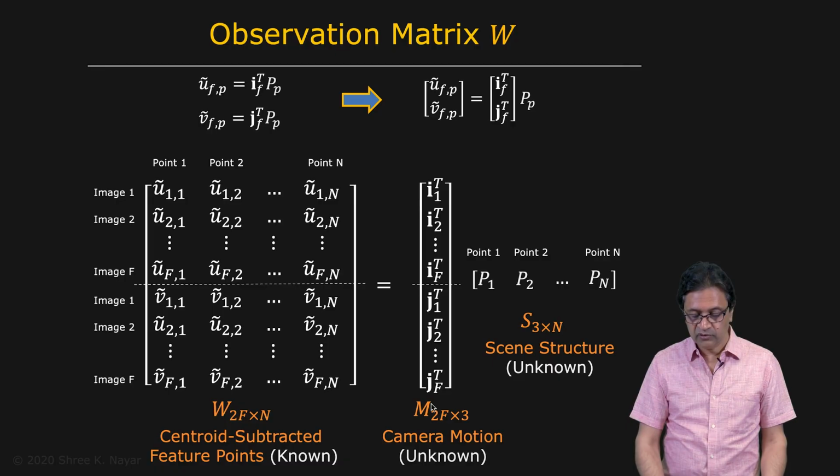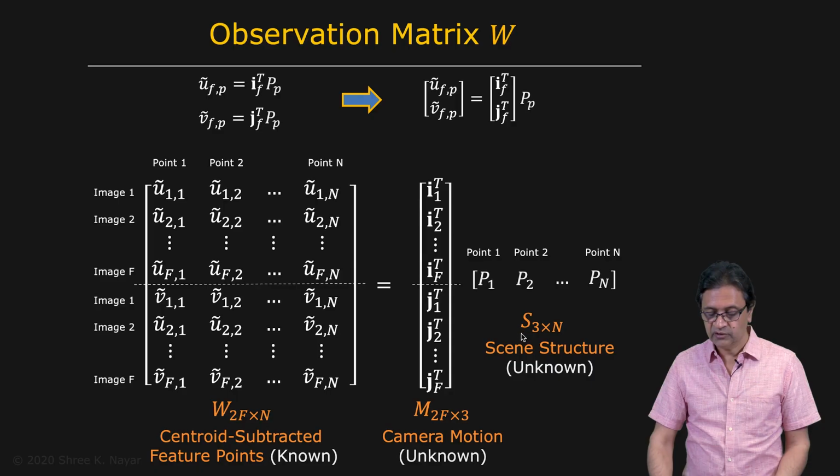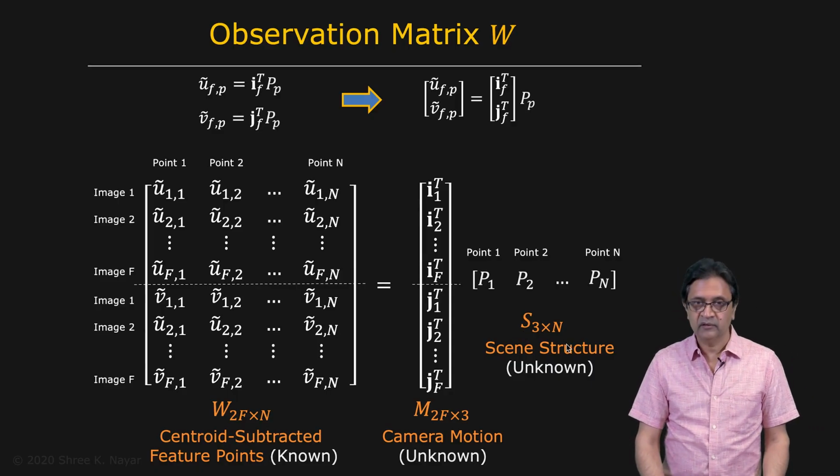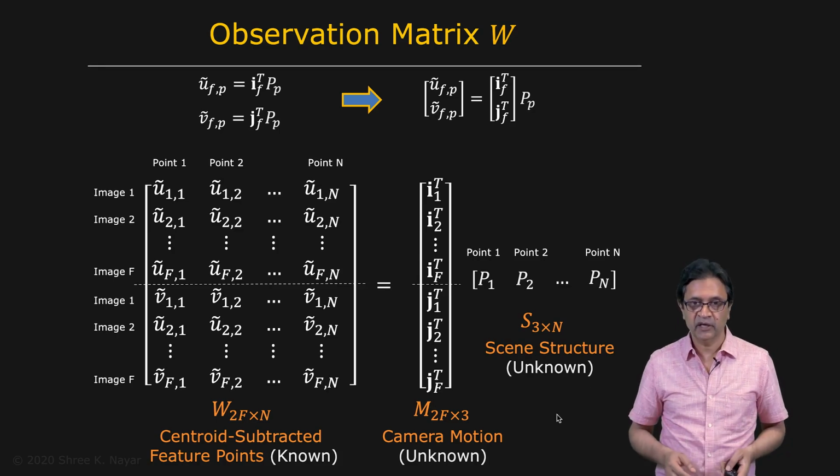And then you have your motion matrix, which is 2F, again, twice the number of frames because you have I and J, times 3 because you have 3 components to each one of these vectors, I and J. And then you have your scene structure matrix S, which is 3 by N. 3 because you have 3 coordinates for each one of these points, and you have N such points. So that's your observation matrix.